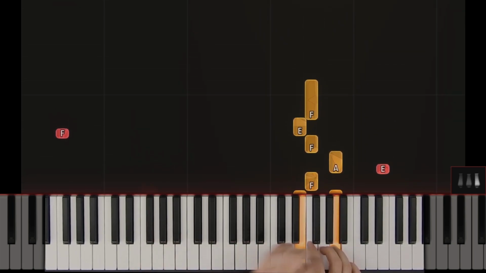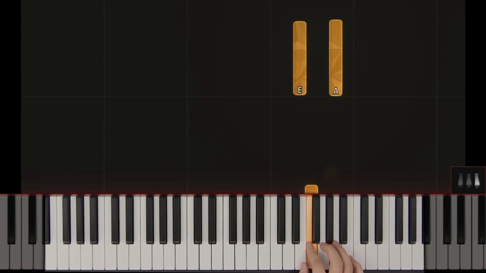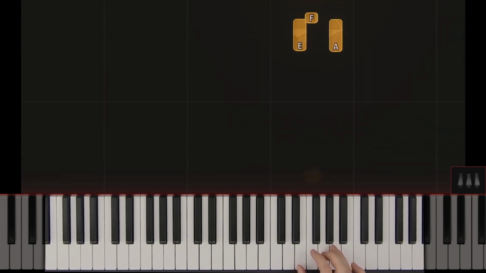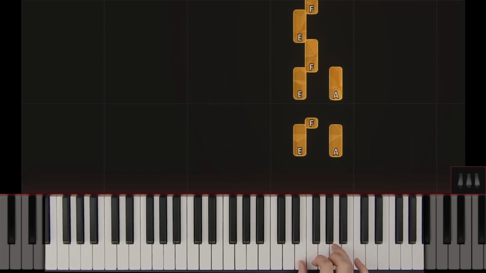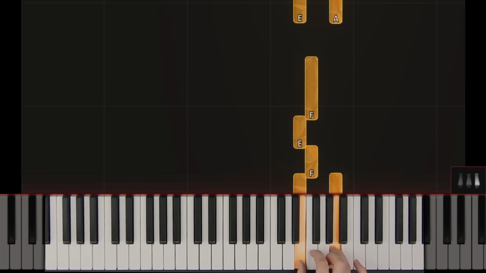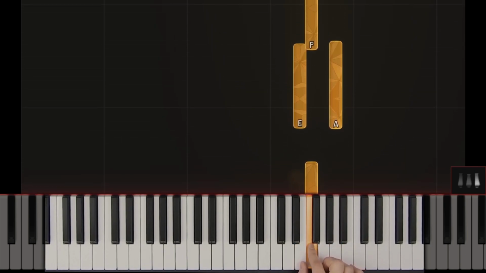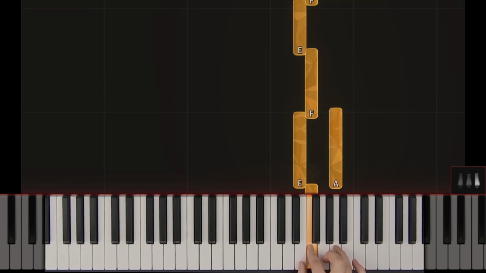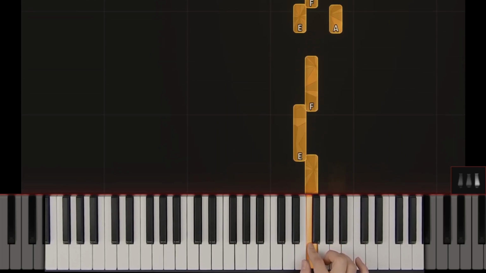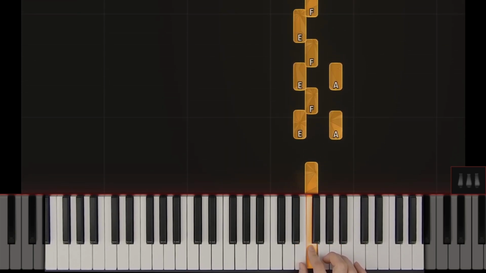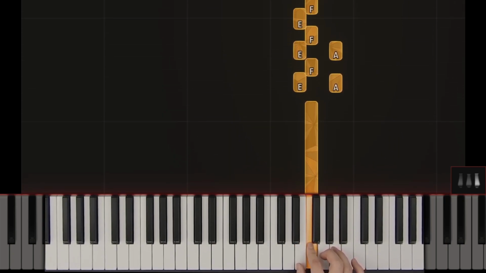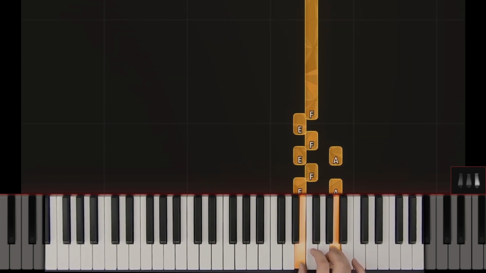All right, so let's do that. Let's have a look at the right hand first. All we have is 1, 4, and a second finger. Pretty straightforward. So 1, 4, 2, 1, 4, 2, 1, 2. And that happens twice.